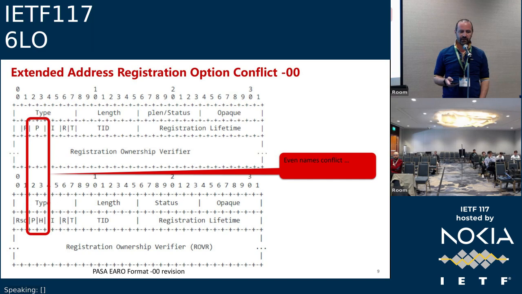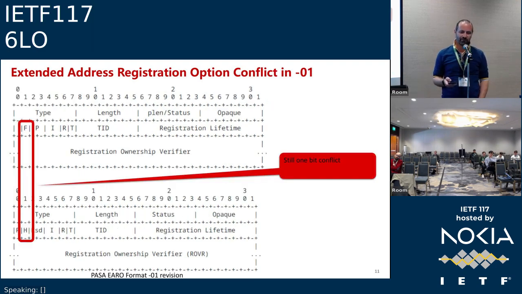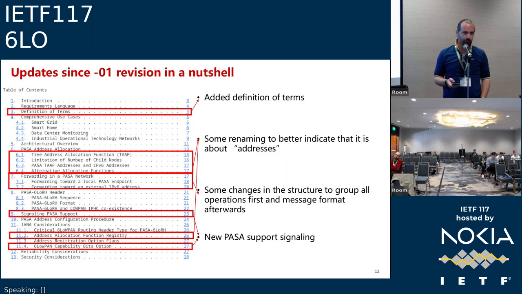We use the same bits that were previously reserved flags. Now in 01, what we did is very simple. We shifted the 2 bits forward, which does not resolve the conflict completely. We still have 1 bit overlapping, the F bit and the H bit. But this is what we actually did as a quick solution in 01, and it's not a complete solution, obviously.